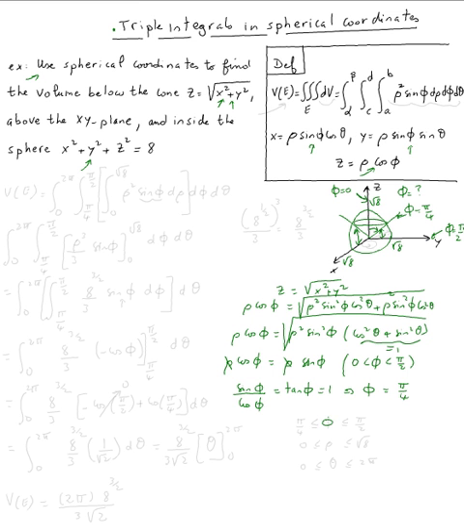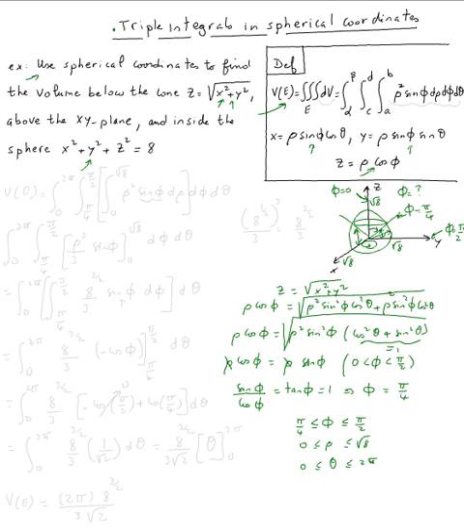I know my phi needs to go from pi over 4 to pi over 2. I want my rho to go from 0 all the way to square root of 8. And what else? The theta, of course, I need the whole revolution, so theta is going to go from 0 to 2 pi.